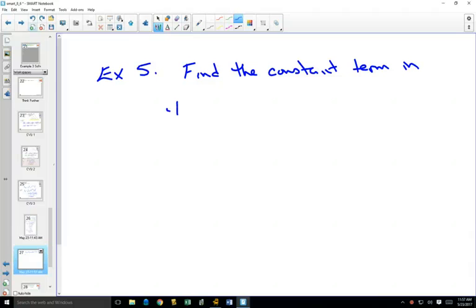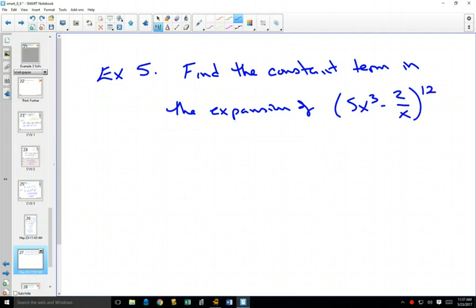Find the constant term in the expansion of 5x cubed minus 2 over x to the power of 12. I believe you learned this first in grade 9. What does constant term mean?